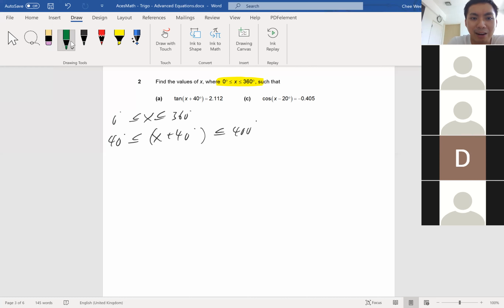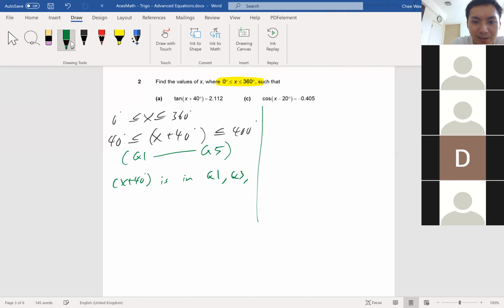So in my case, I already know that this ranges from Q1 all the way to Q5. Even though strictly speaking it is parts of it only, I will still account for the whole quadrant first. So once I account for the whole quadrant, x plus 40 degrees is in Q1, Q3, and Q5 because it's positive. Then alpha is equal to arctangent 2.112.